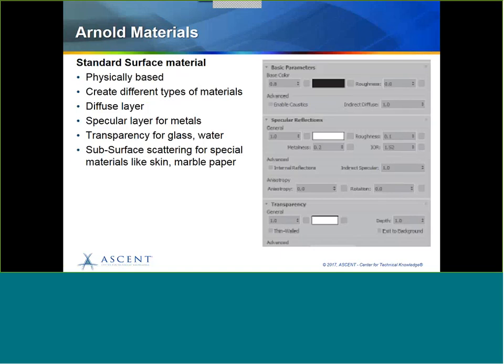So it has a specular reflections rollout, and this layer you can modify to create metals. In the specular reflections rollout, this is the metalness, and the range is from 0 to 1. So any number in between, if you increase the value of metalness, the more metallic looking the material will be. Similarly, there is roughness here, and again, the value ranges from 0 to 1.